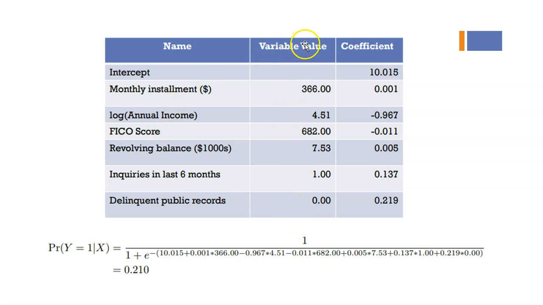So this is a specific case with a $366 monthly installment, with log annual income of 4.5, with a FICO score of 682, with a revolving balance of $7.5 thousand. Inquiries in the past 6 months was 1, and delinquent public record, none.